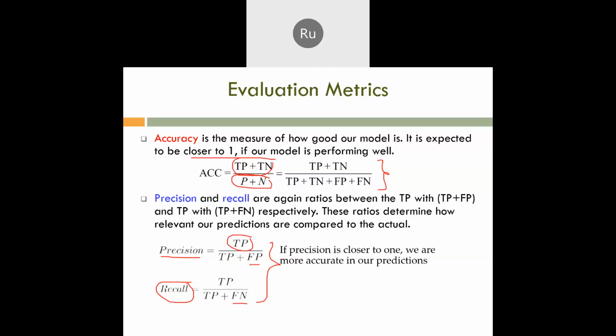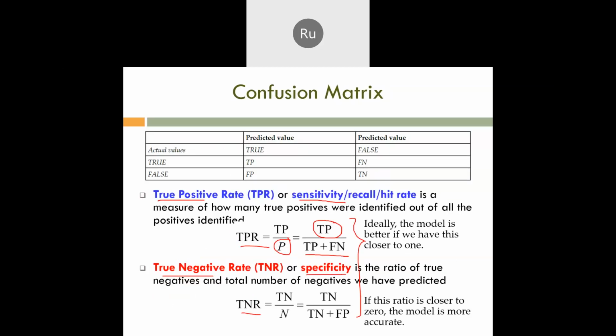The best example is here. If the actual value is true and you predict true, this is a true positive. But if the actual value is true and you predict false, this is a false negative.